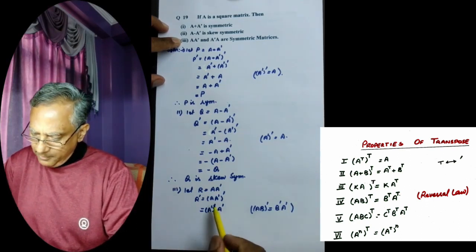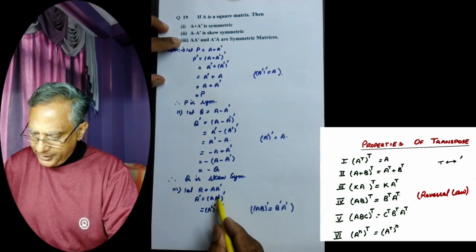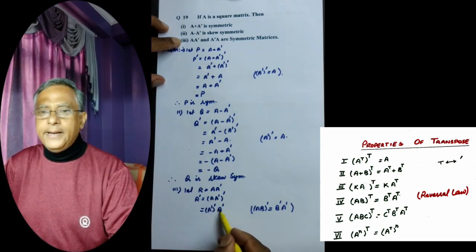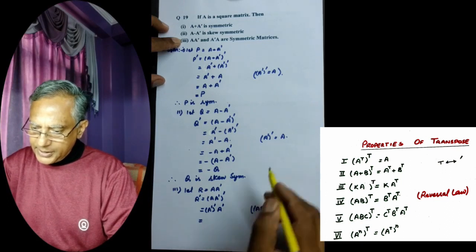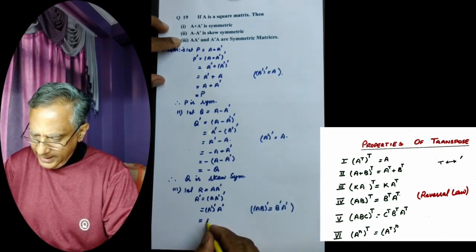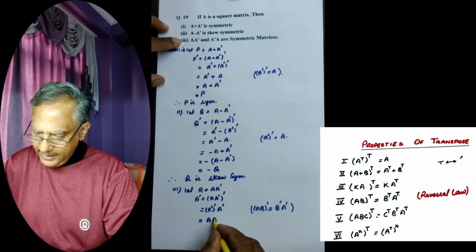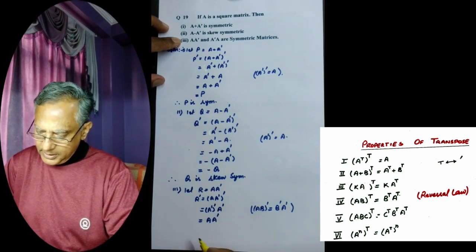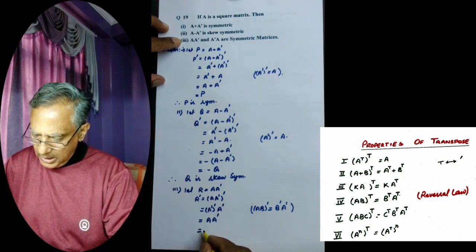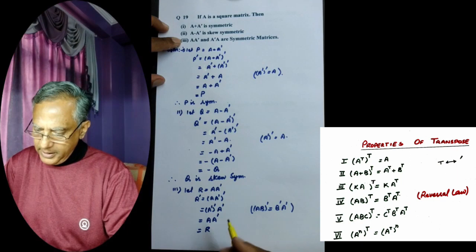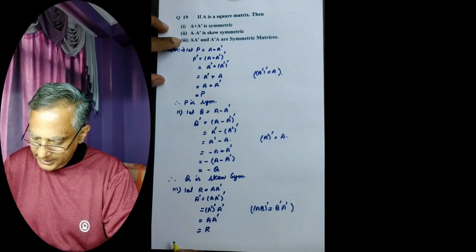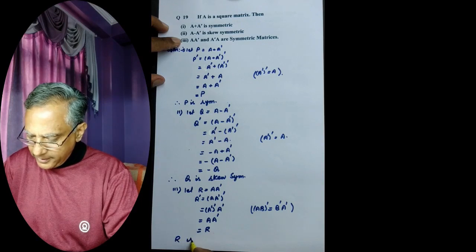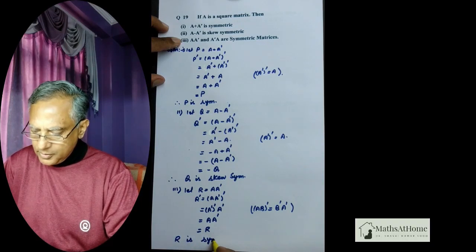So this will be A dash dash into A dash. Now A dash dash is A. So we get A into A dash. This is equal to R. R is nothing but A A dash. So R is symmetric.